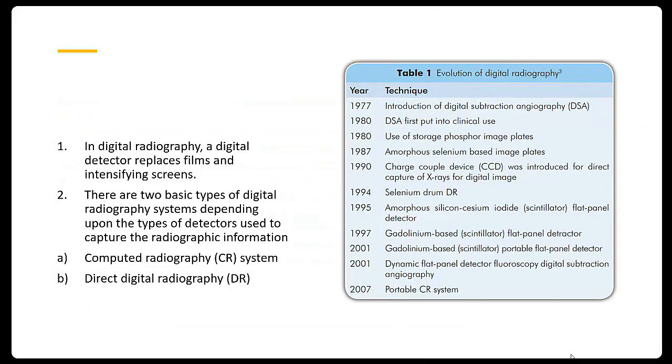Okay, so what happens here is in conventional radiography we used film and intensifying screens. In digital radiography we replace this film and intensifying screen with the help of a digital detector.